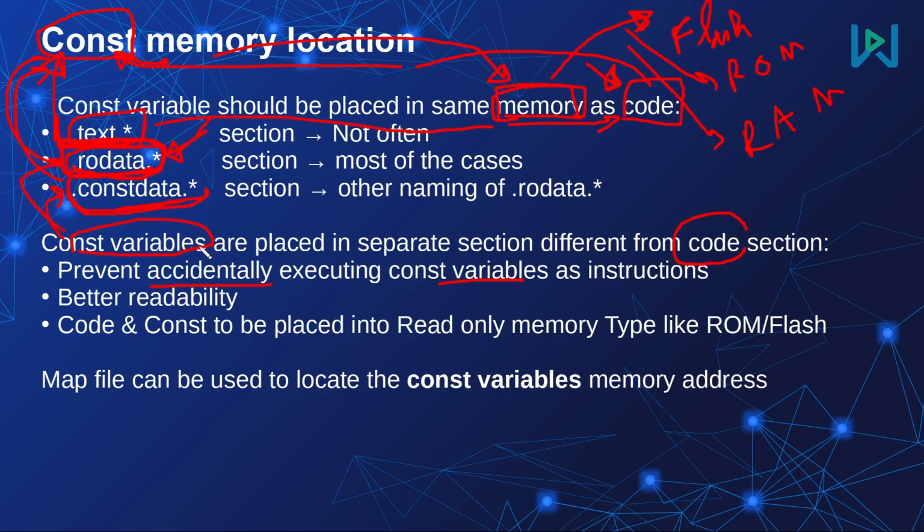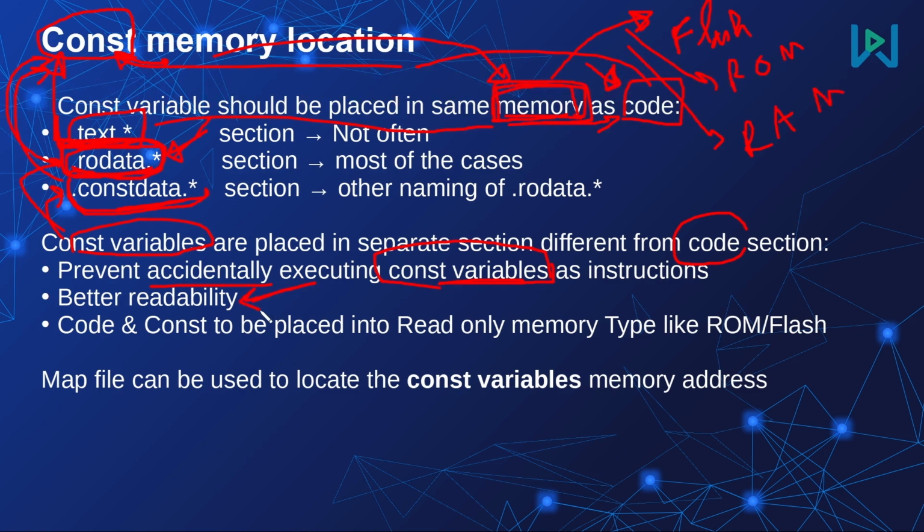Therefore, we can place those const variables slightly far from our code. So both can remain within the same memory area, but placed slightly far away so that the CPU cannot execute accidentally those const variables while it is executing the normal code instructions.